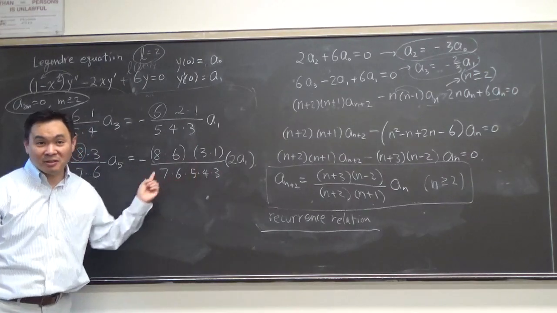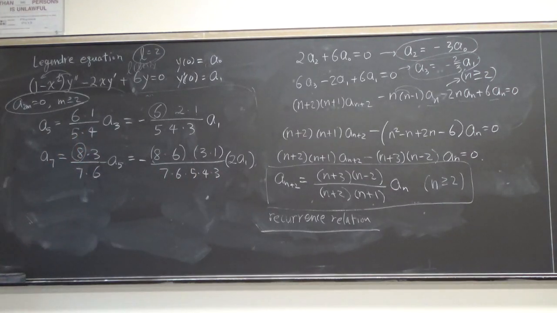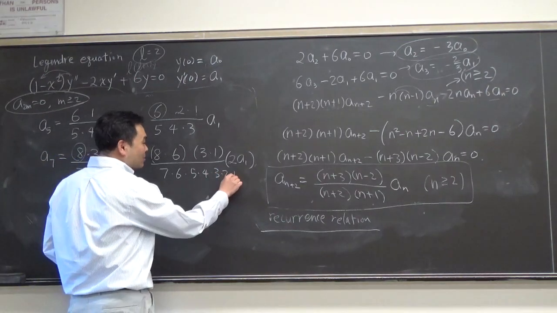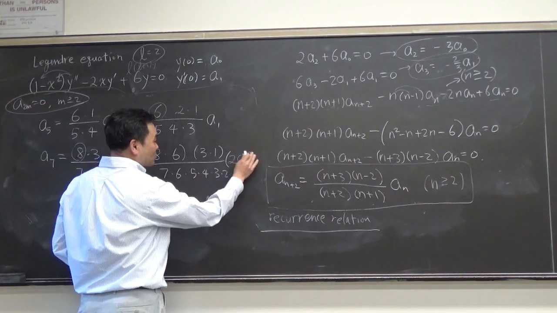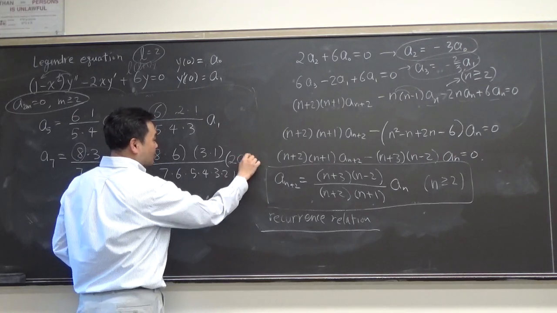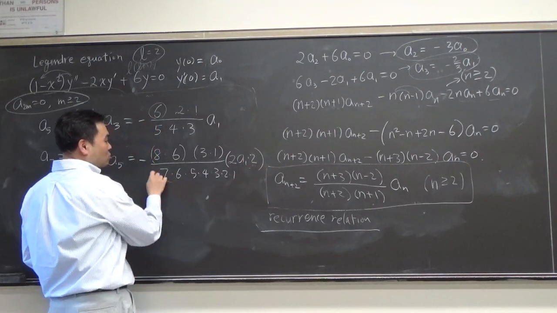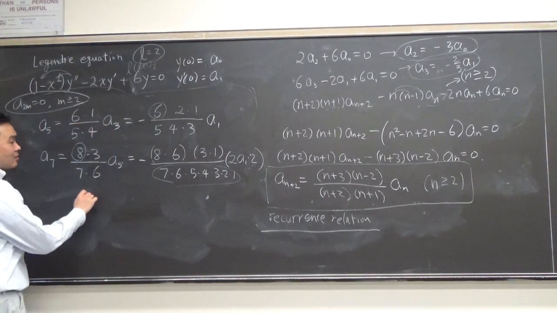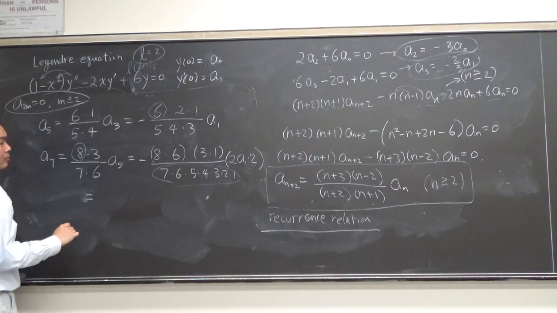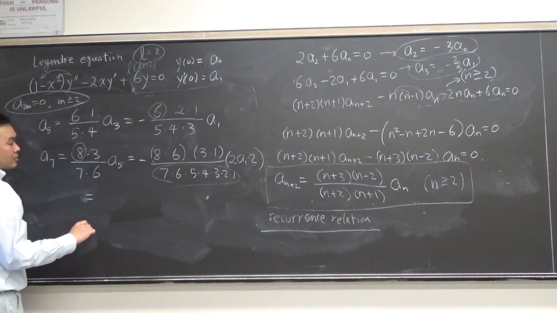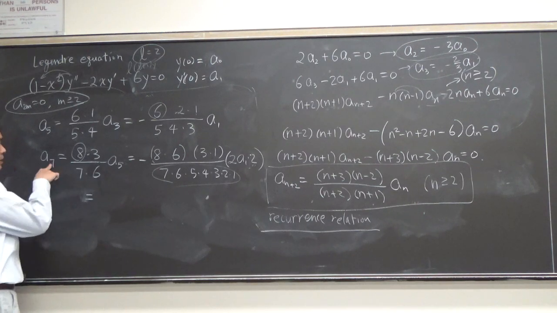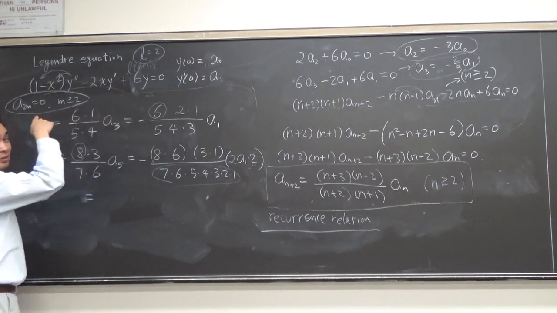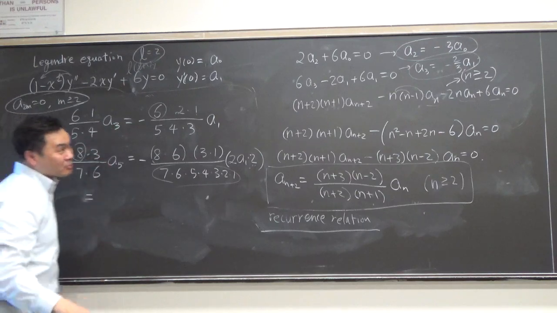What's happening? It's almost like factorial, right? So if I had a 2 times 1 and multiply by 2 times 1, then this will be a factorial, right? So let's write it like that. 7 has 7 factorial. 5 has 5 factorial. Okay? And 3 would probably have 3 factorial, which is true, right?